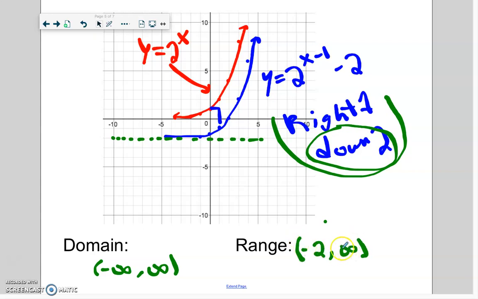And if you don't want to use this notation, that's perfectly fine. This is what you'll be using in pre-calc. The parentheses mean that it approaches, but it never actually hits. Or a bracket means it's a solid dot, it will hit it. Otherwise, you can say y values are greater than negative 2, in set notation. It's the same thing.